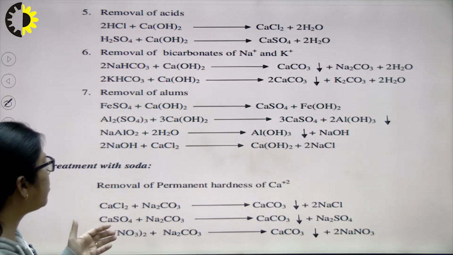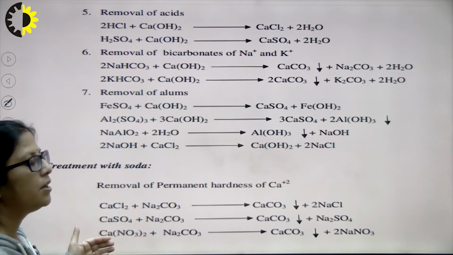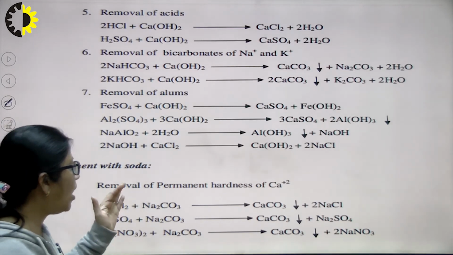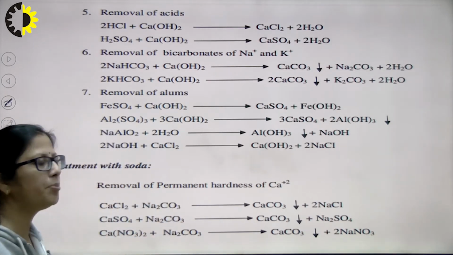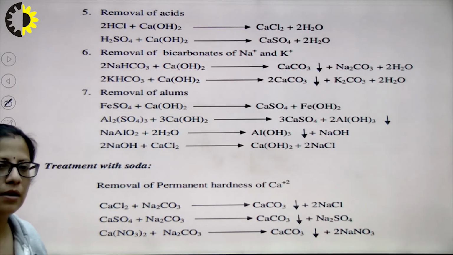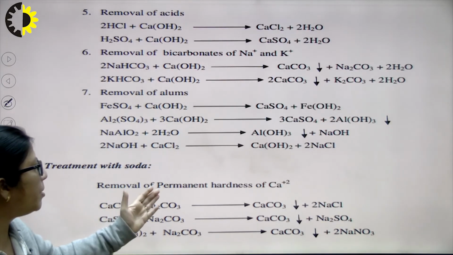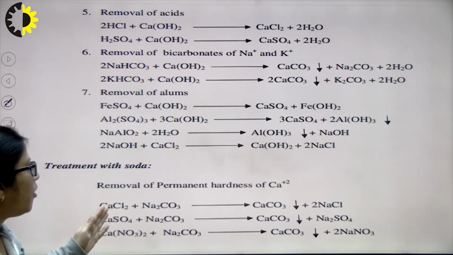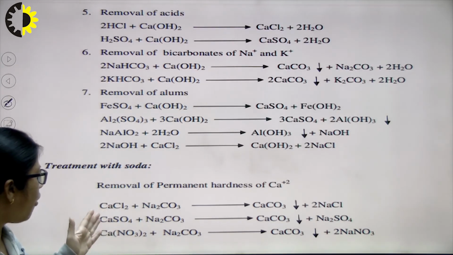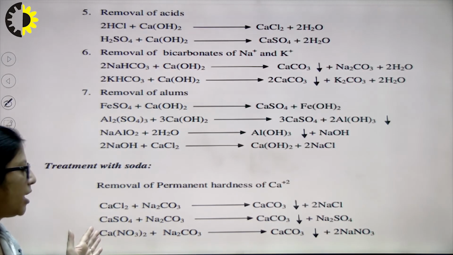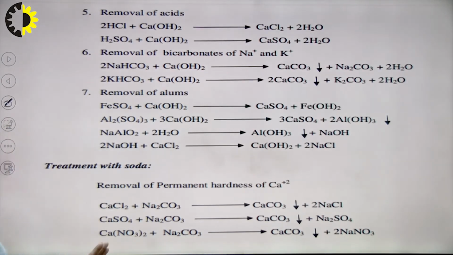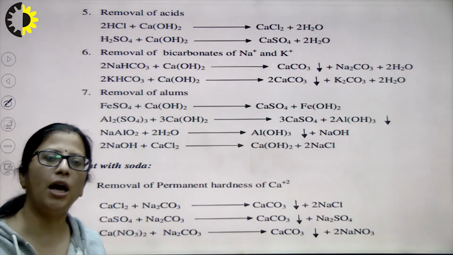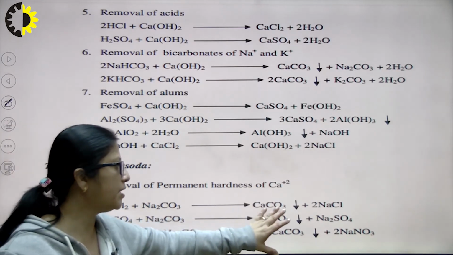Similarly, when we are going to treat our hard water with soda, how the precipitate formation will take place. First is the removal of permanent hardness of calcium. Whether the calcium is present in the form of calcium chloride, calcium sulfate or calcium nitrate, they all are going to react with 1 mole of soda to form their precipitate.